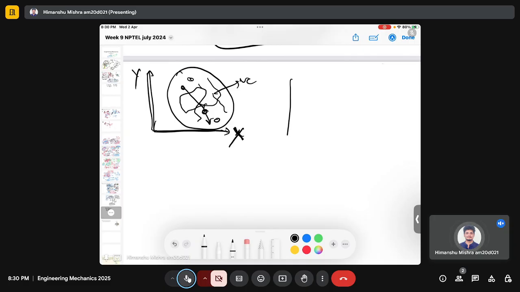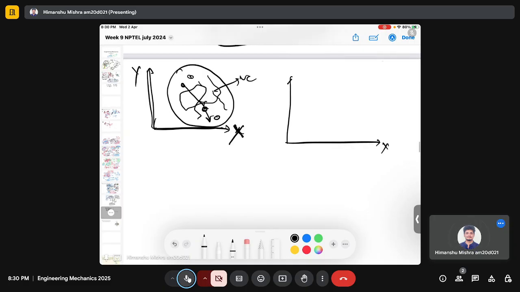Now we will see the motion in the rotating frame. For example, let's say you have point B and you have point A. So this is the position vector RB from O, and this is the position vector RA.